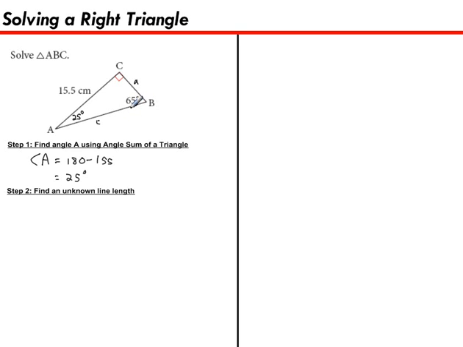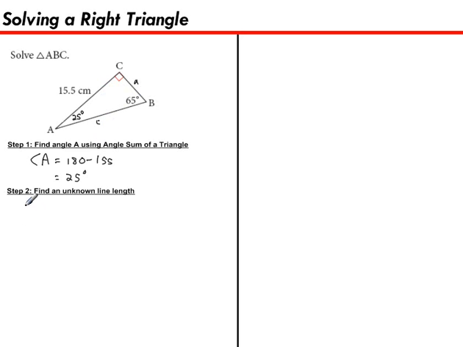Well, SO in SOHCAHTOA is SOH, or sine is opposite over hypotenuse. So if I'm right here, opposite over hypotenuse, that's not a bad choice because I have the 65 degrees and I also have a length given here for the opposite, and then I could just solve for the H in SOH, which is the lowercase c. So I'm going to do that.